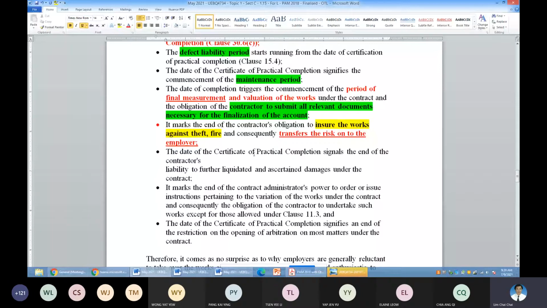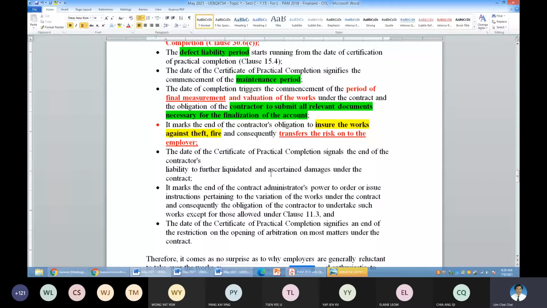So the maintenance insurance is operational now. The works insurance is no more already after CPC. The maintenance insurance commences after CPC. Please differentiate between works insurance and maintenance insurance. It is within the same policy.